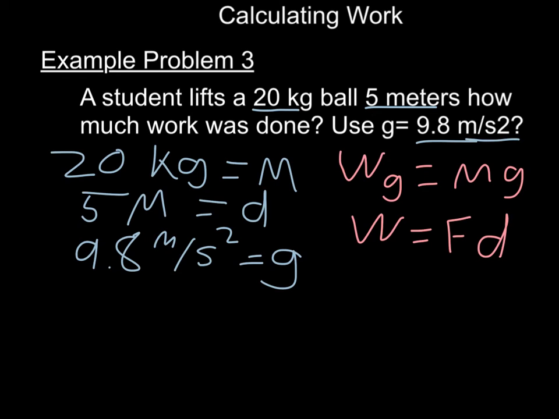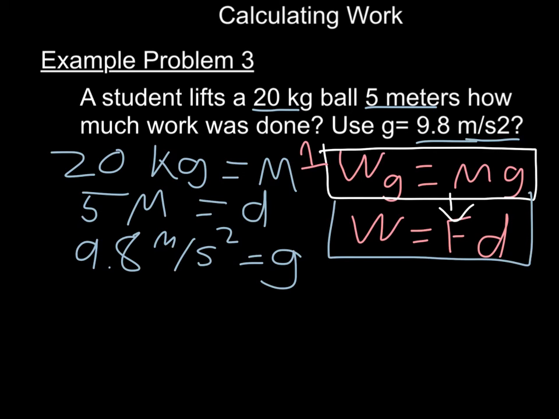Now just a little reminder, this equation is our force. So there's two steps we have to do here. First step is to find our force, because we don't know it. It wasn't given to us in our problem. Once we have that, we can plug it into this equation. So it's a two-step problem.